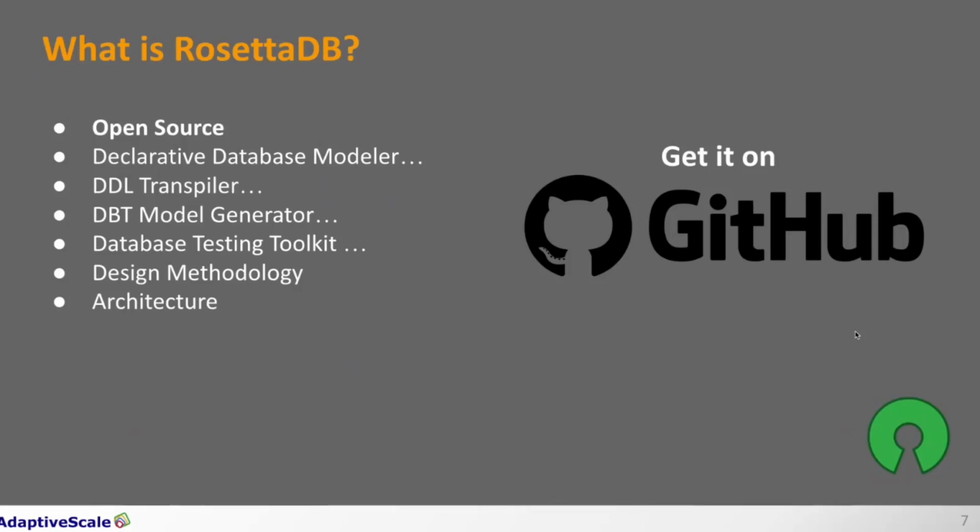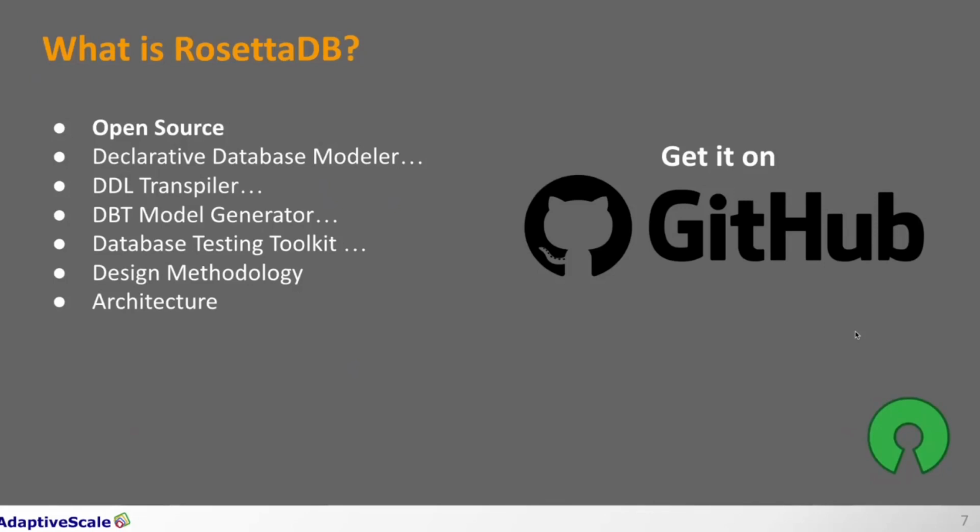It's a DBT model generator. It also acts as a database testing toolkit, which is very important today to ensure data quality and make sure you detect anomalies in the data itself, either before or after the migration process has happened.